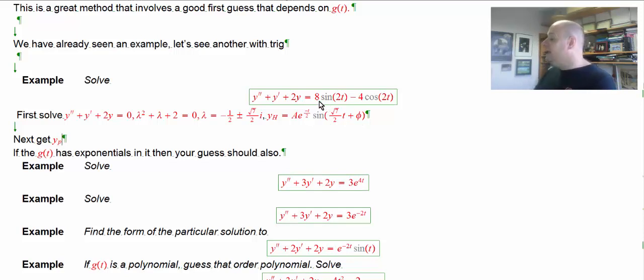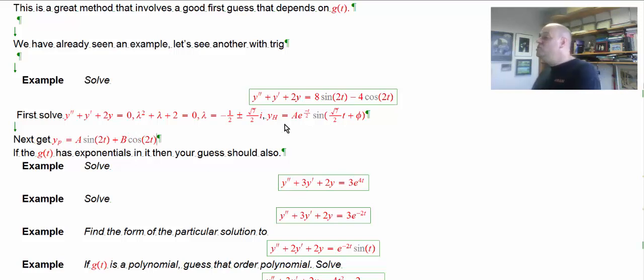We need to figure out a guess to hit our target function. Now take a look at our target function. Our target function is trig of 2t. So I'm going to guess some linear combination of sine 2t and cos 2t.